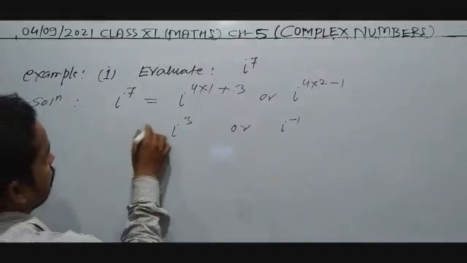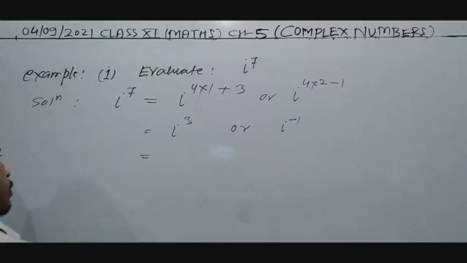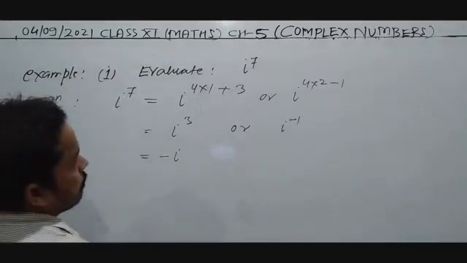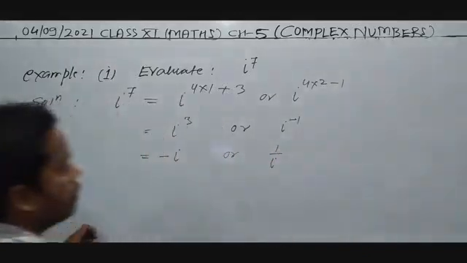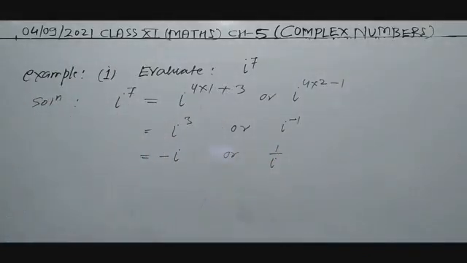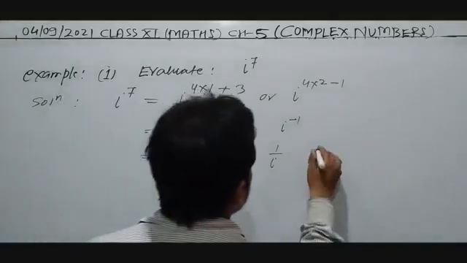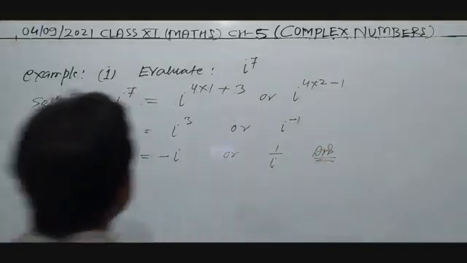Now i to the power 3 result, you know, is minus i, or 1 upon i, you can write also. So this is the answer.